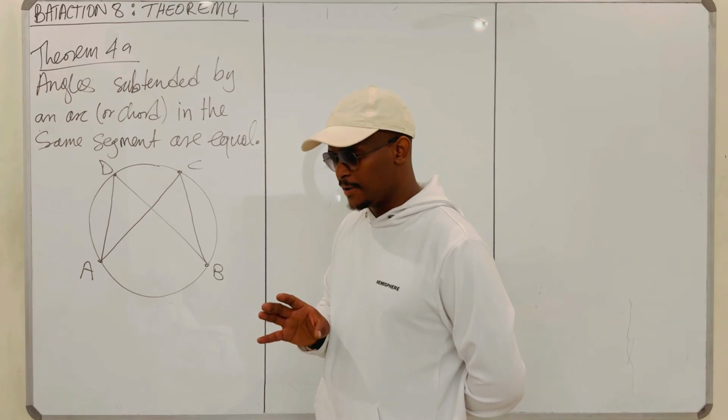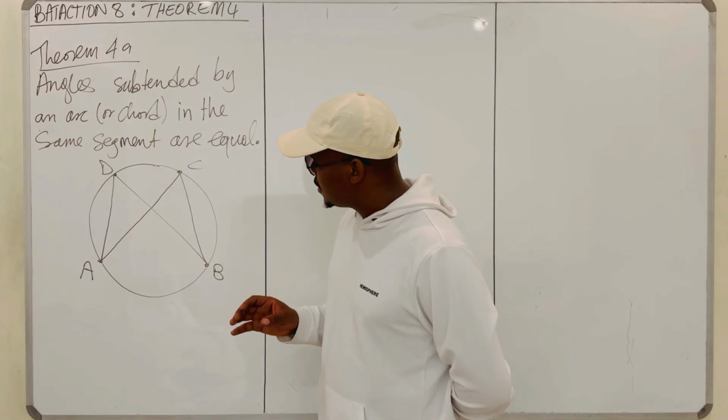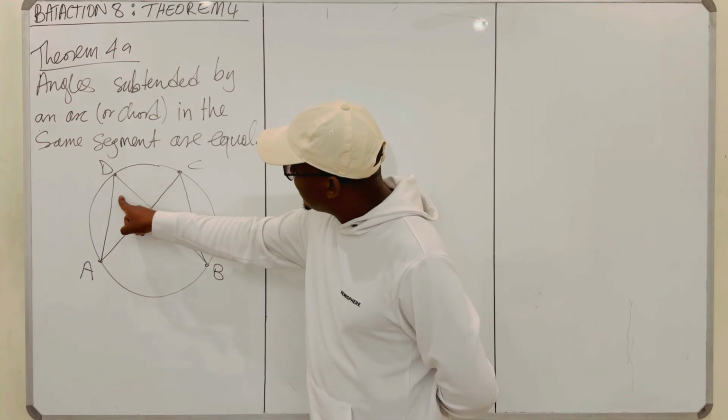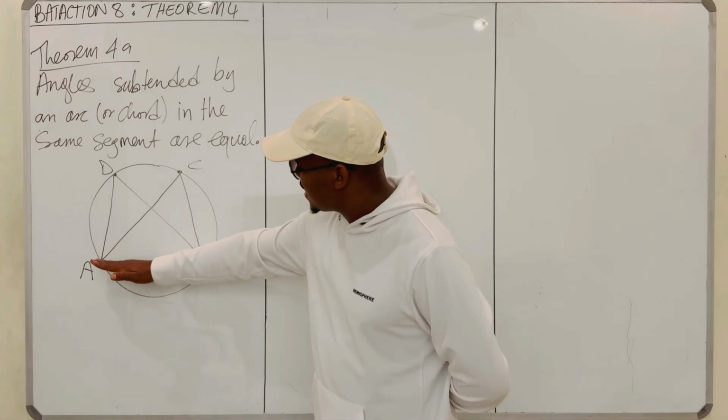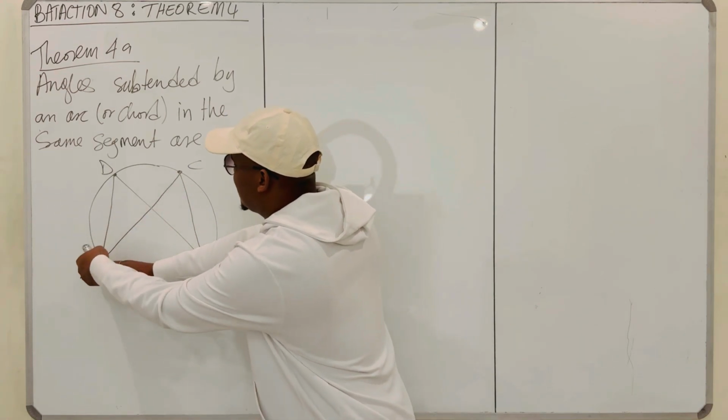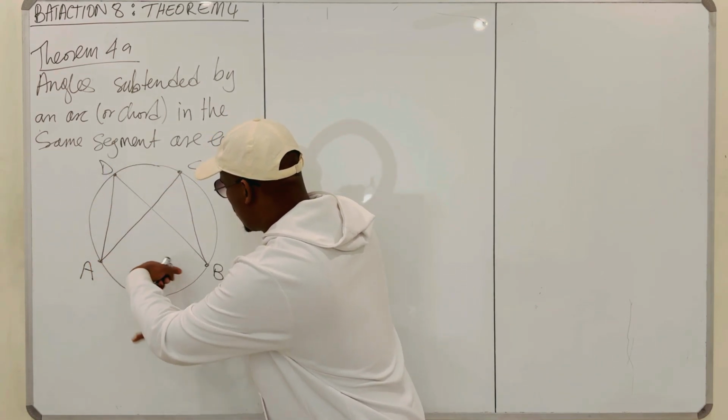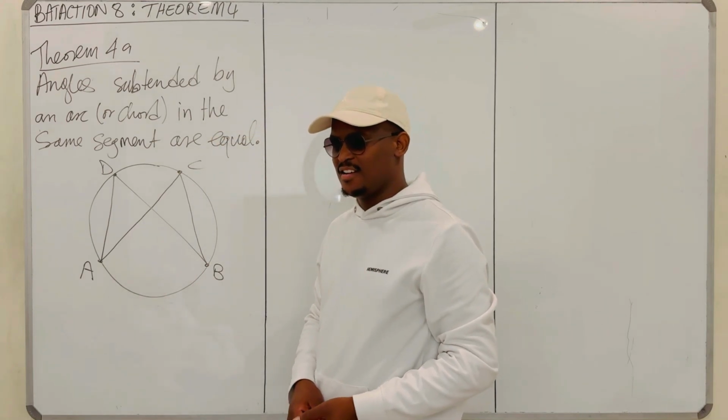Are you guys following me? So in this case, D and C are in the same segment because they're on this segment that is between this major arc and your imaginary chord there.